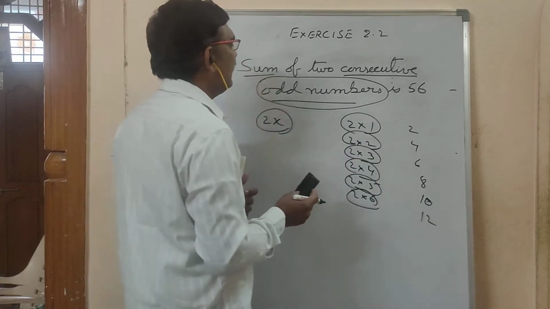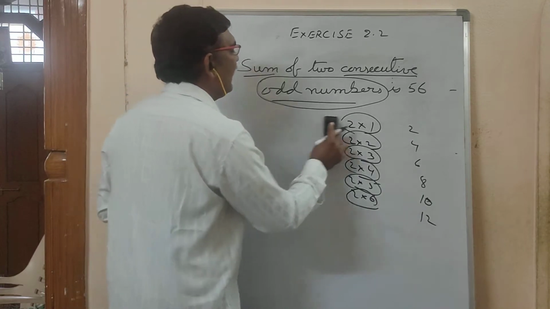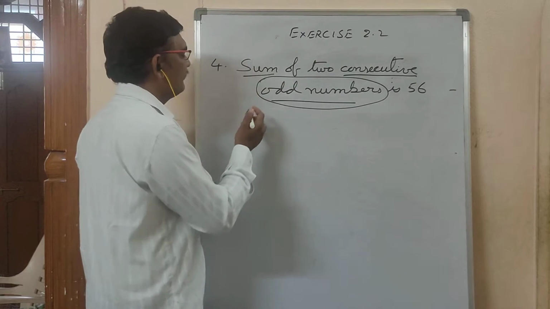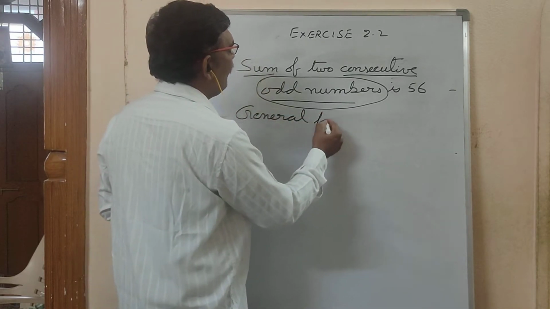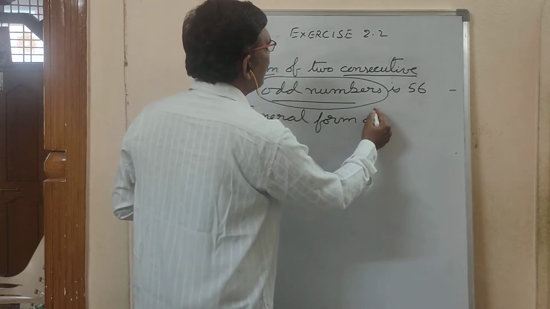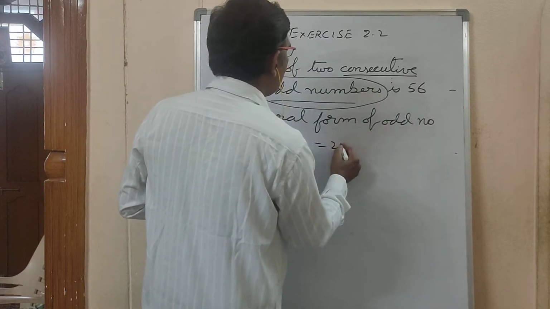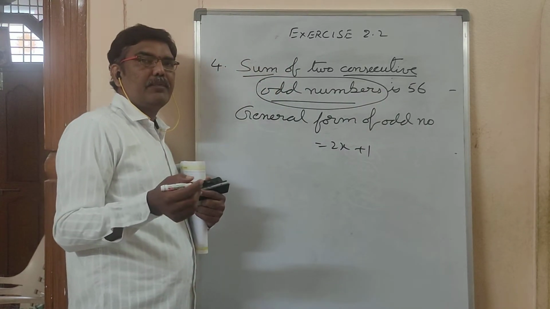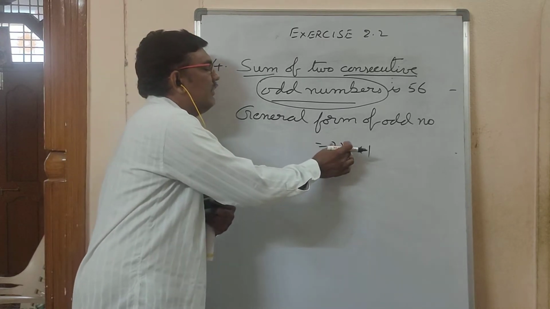Okay. Next, any odd number. If I want to write any odd number, the general form of an odd number is 2x plus 1. 2x means what? Even number. Say one even number is 2.